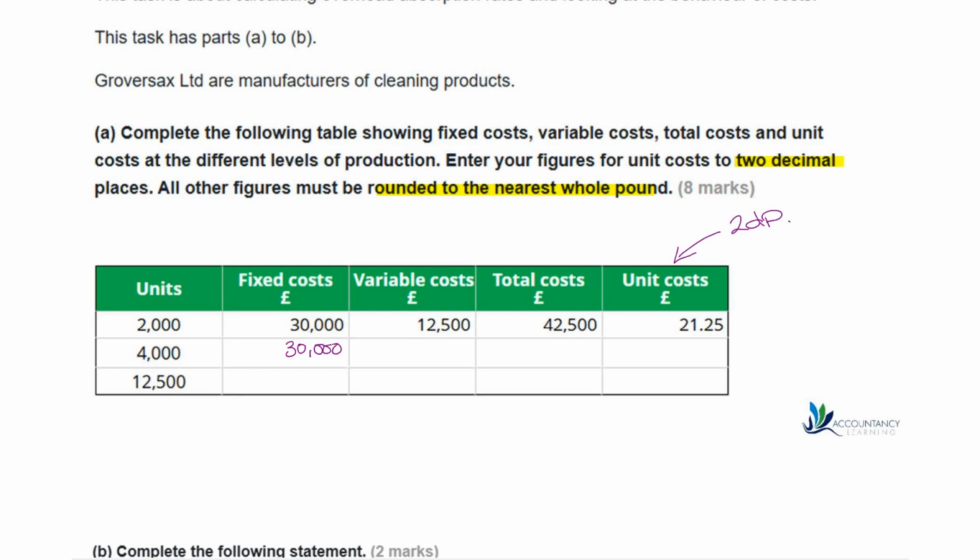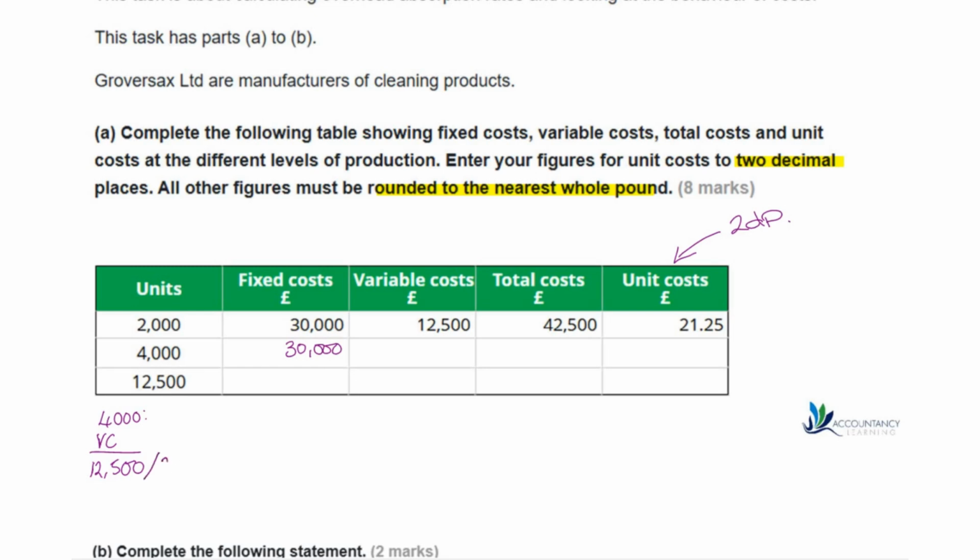Now the variable costs are the costs that we have to do a calculation here to work out what is the variable cost per unit, because the total will change based on the level of production. So to do our variable cost for the 4,000, we've got 12,500.